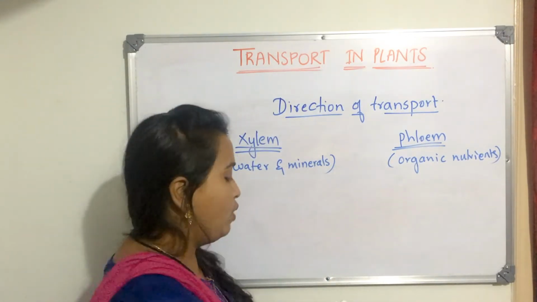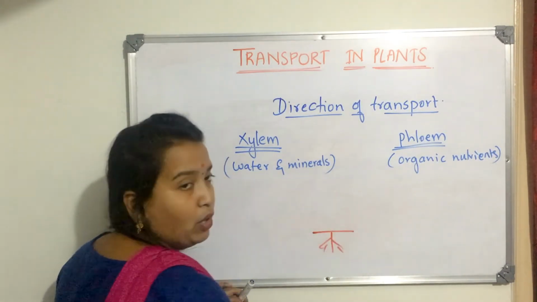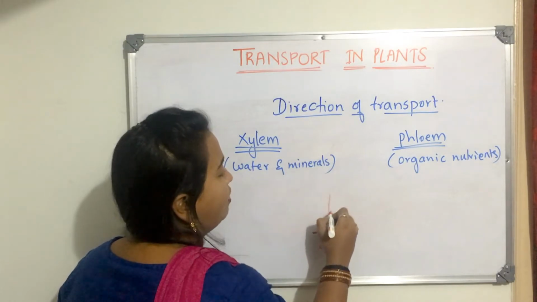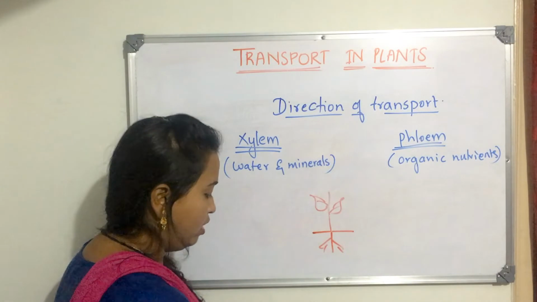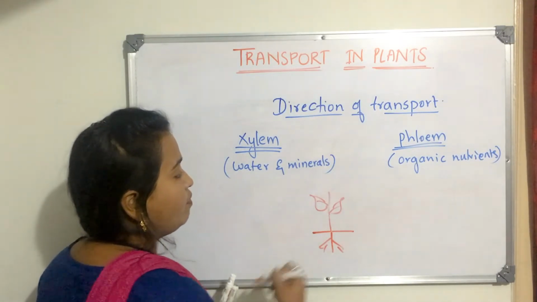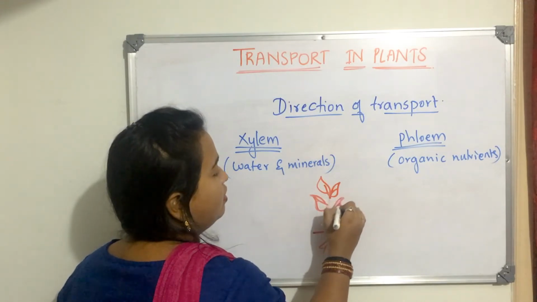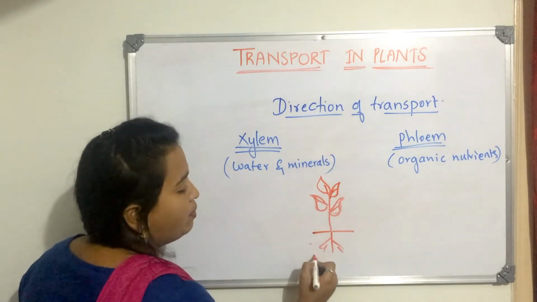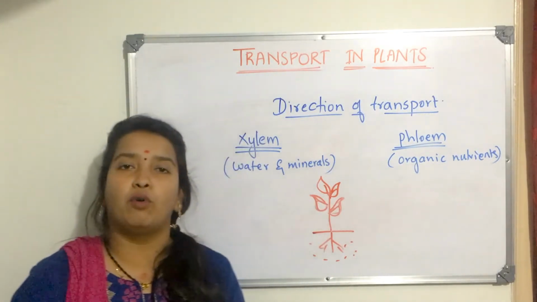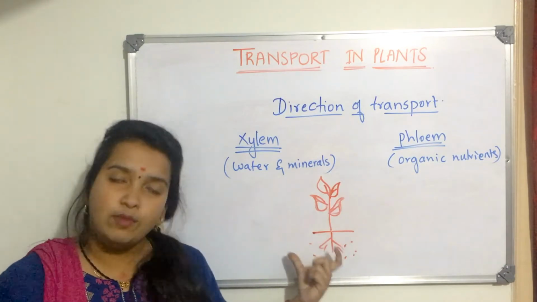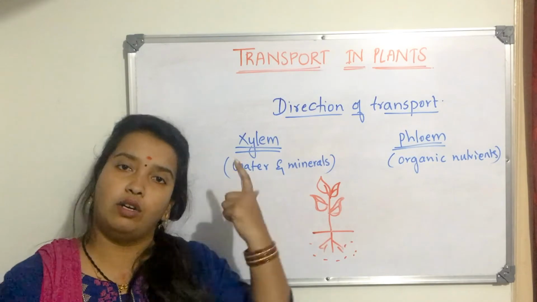Now see, whenever you consider a plant, you know that roots are below the surface of the ground and the shoot of the plant remains on top. We know this very well, right? What needs to be studied about direction is that water is usually present in the soil. Even though we pour water on the plant, initially water comes to the soil and then roots pull the water into the plant.